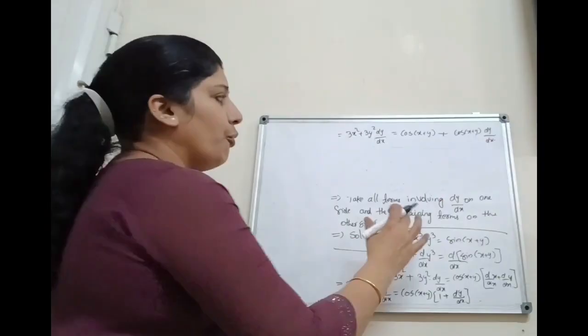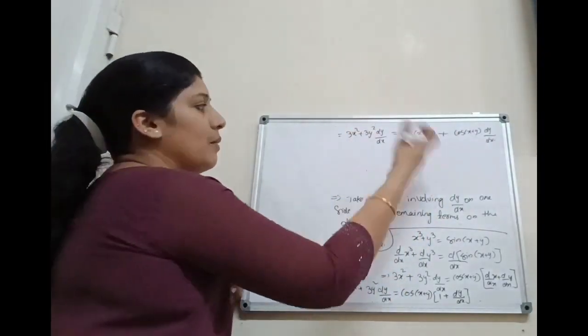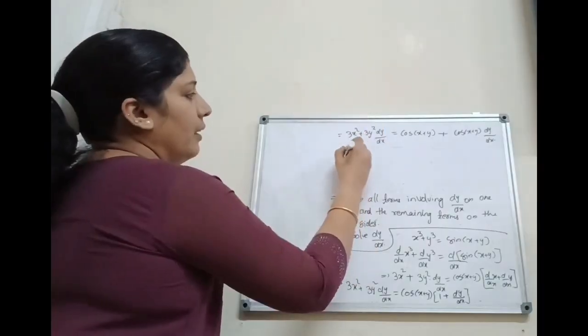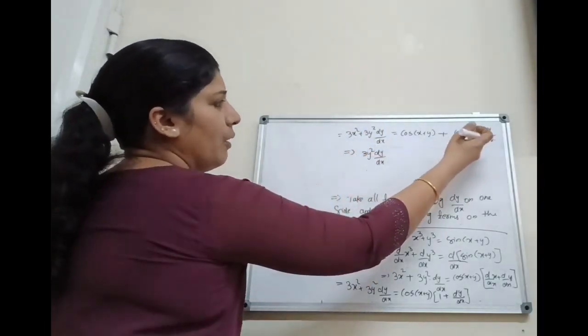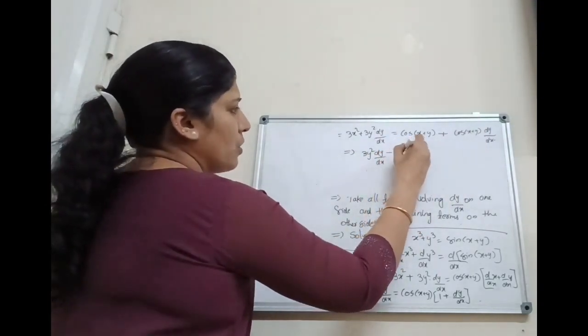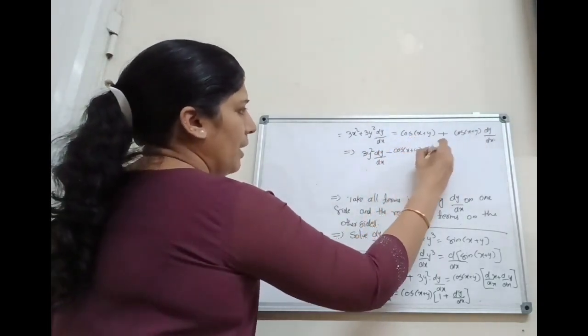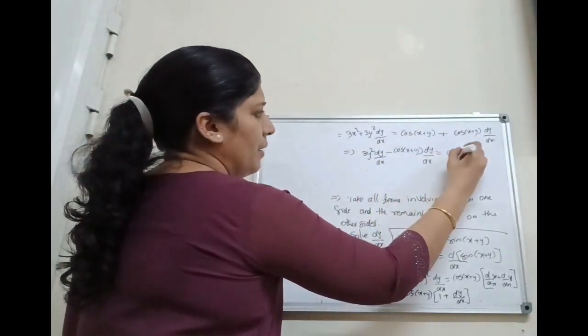Next, we have to group all terms involving dy by dx on one side and the remaining terms on the other side. That implies 3y square dy by dx. Then cos of x plus y into dy by dx, taking this side, that is minus cos of x plus y into dy by dx, equal to, on the right side, cos of x plus y.